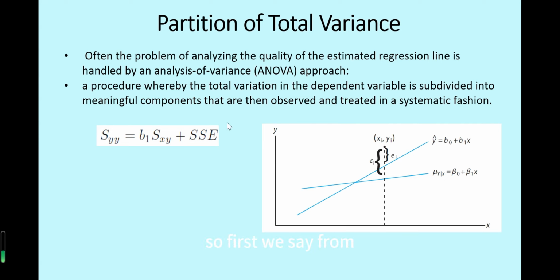First, from the linear regression estimation we can get this equation: SYY equals B1 times SXY plus SSE.